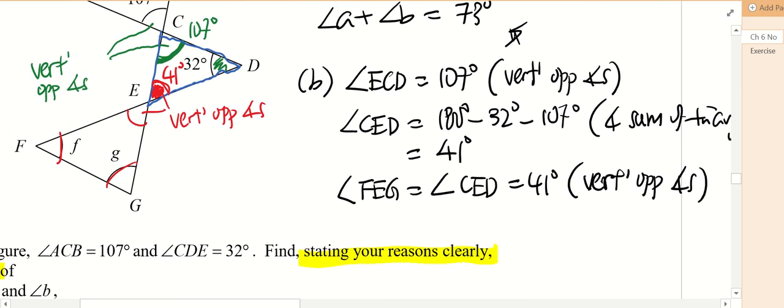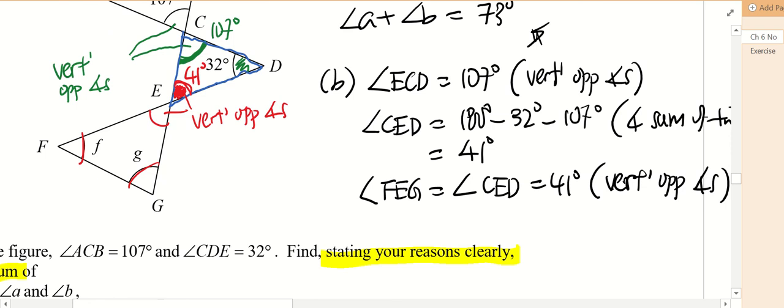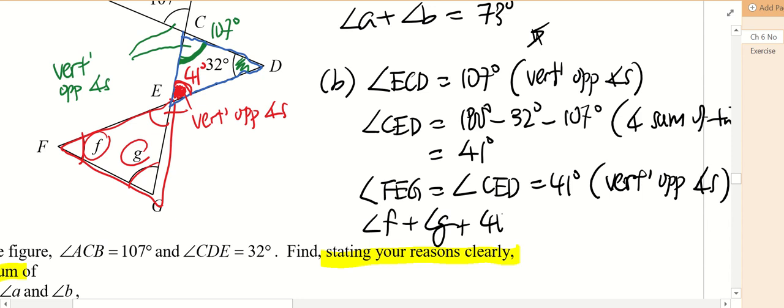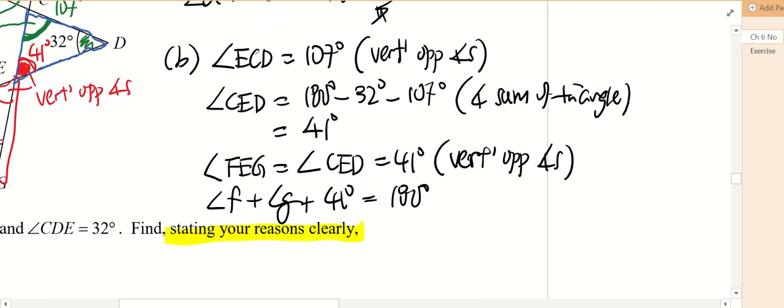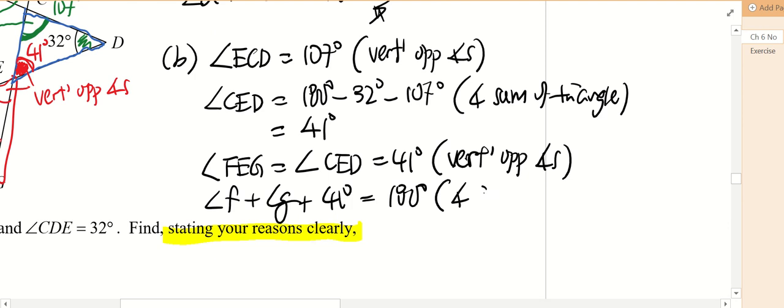So 3 steps already. That's quite a lot, okay? Now last one, we need to find what is F plus G. Again, we are looking at the red color triangle over here. So angle F plus angle G plus our FEG, which is 41 degrees, equals 180 degrees. And we need to quote the reason, angle sum of triangle.